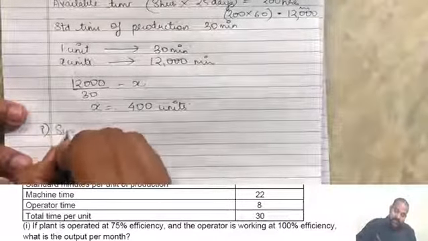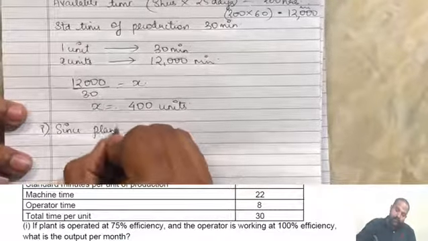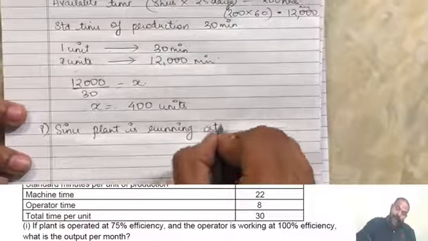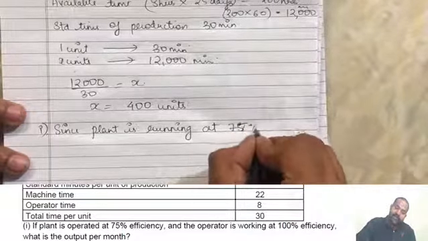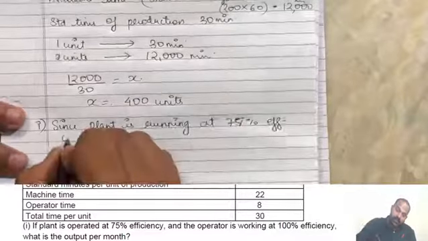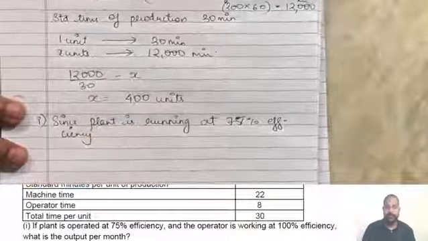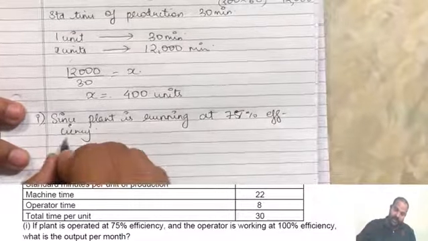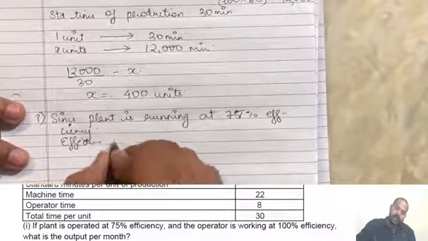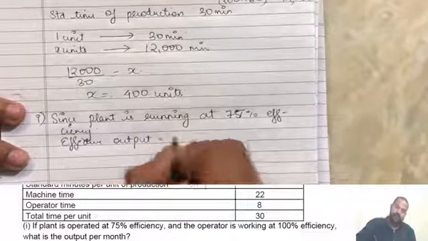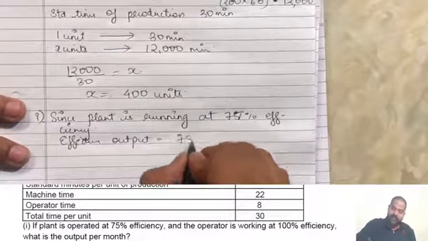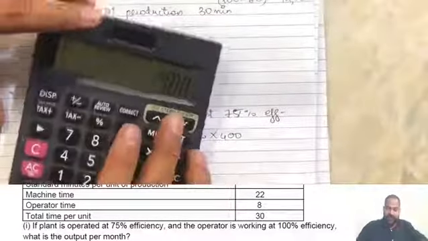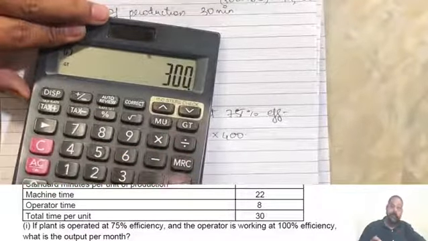But since the plant is running at 75% efficiency, the effective output is 75% of 400, which is 300.